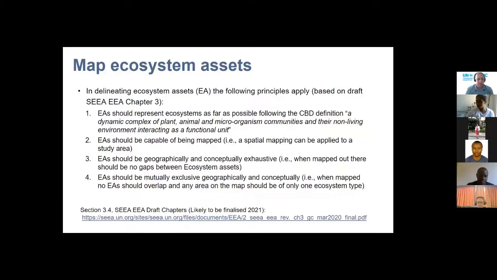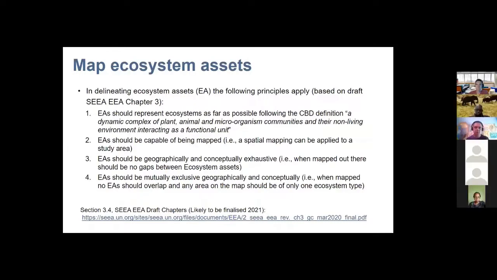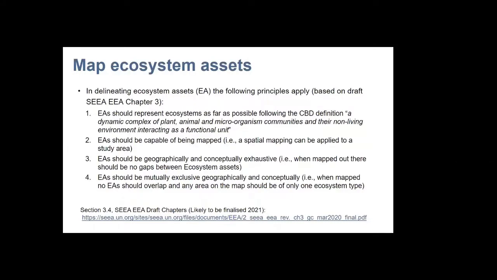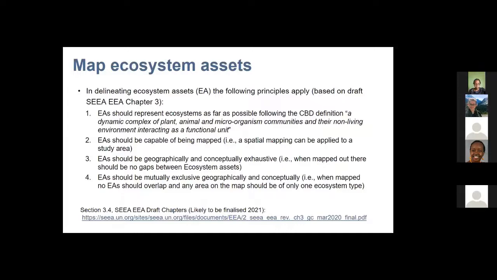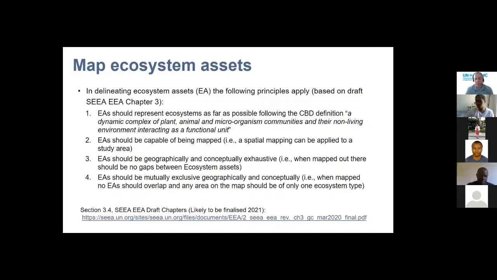And then the fourth principle is that these assets should be mapped out in a way that's geographically and conceptually exclusive, and by that we mean that ecosystem assets shouldn't overlap, so there should be no points or locations on the map that would be two different ecosystem types, if that makes sense. So no gaps and overlaps essentially is what those two principles at the end, 3 and 4, are saying.